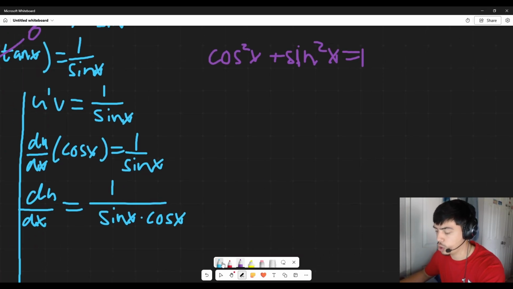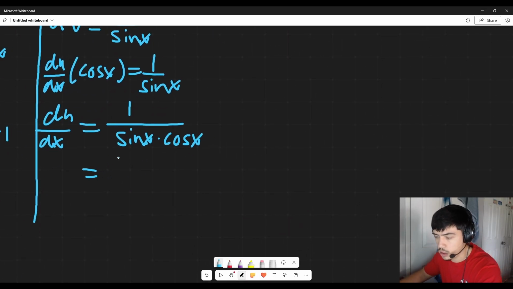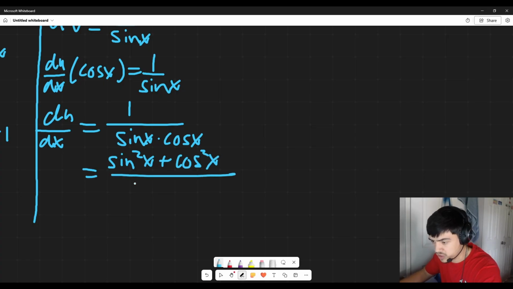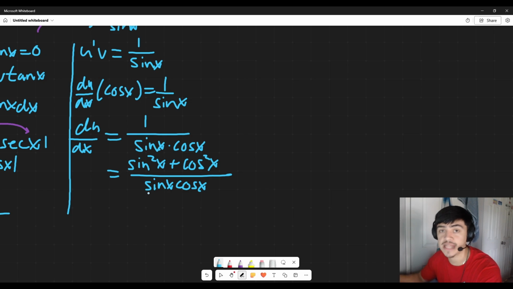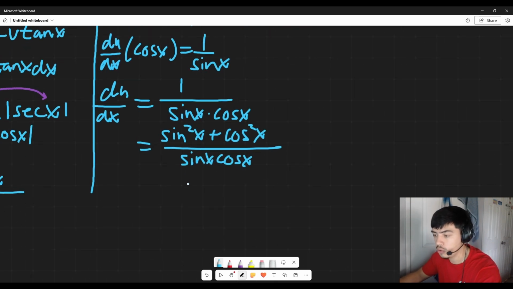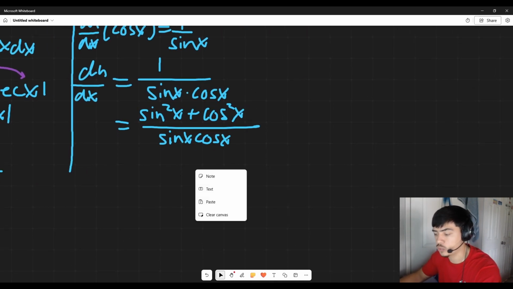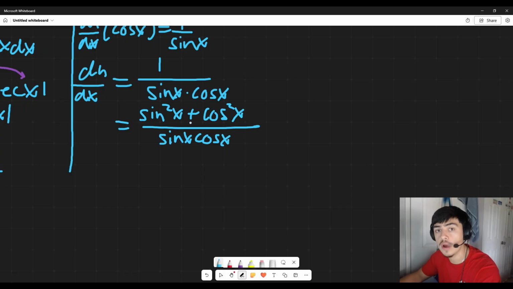So we're going to rewrite this whole thing as sine squared x plus cosine squared x over the same denominator. I know it looks a little bit more confusing, but it's actually going to help us out a lot here. Since we have a plus in between, we can separate it into two different fractions.